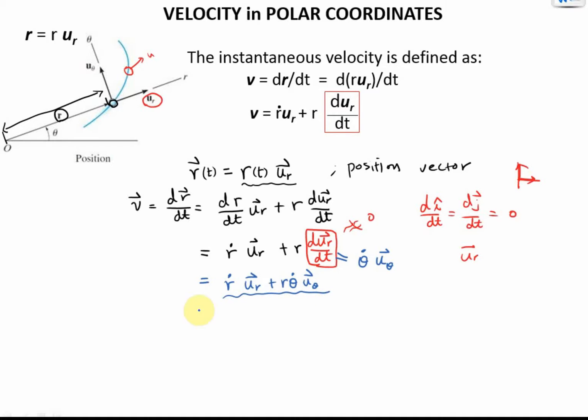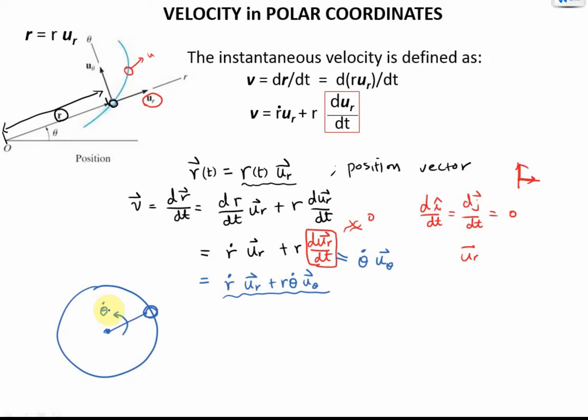So what does that mean? Just imagine a circular motion. So this is a pivot point, and then there's a particle rotating at a speed of theta dot, the angular velocity.